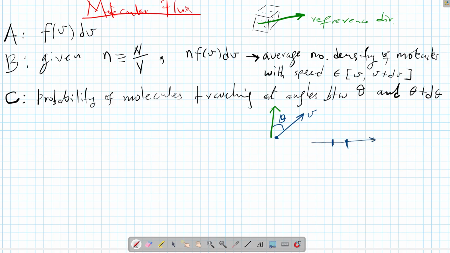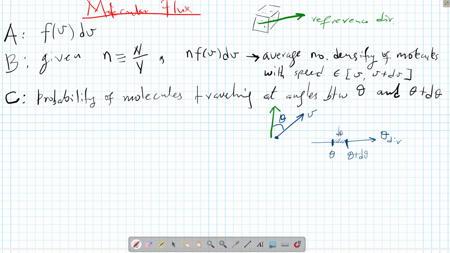So let's call this the theta direction, and we consider gas molecules which are moving at an angle that lies in this region, between theta and theta plus d theta.